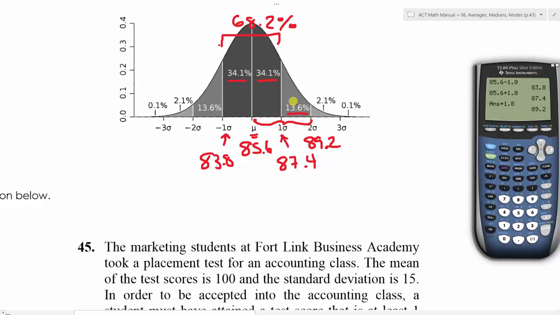So we'd have 34.1% plus 13.6%, which would be 47.7%. So 47.7% of students were within two standard deviations above the mean. That's what that would tell us.